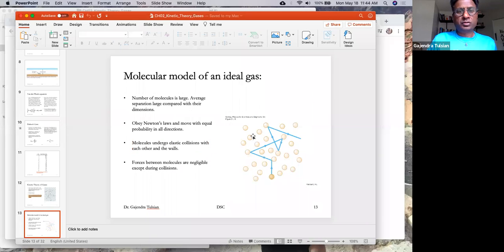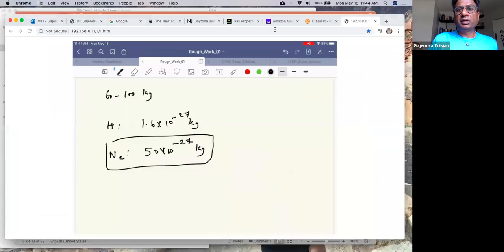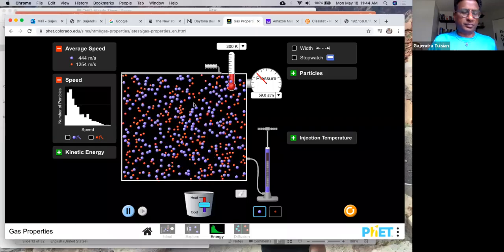So we're considering a large number of molecules, but the density is low enough that the average separation is large compared to the size of the molecules.